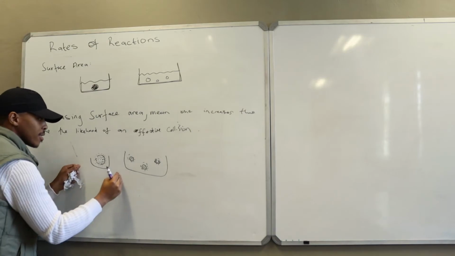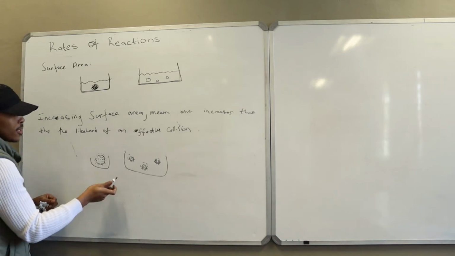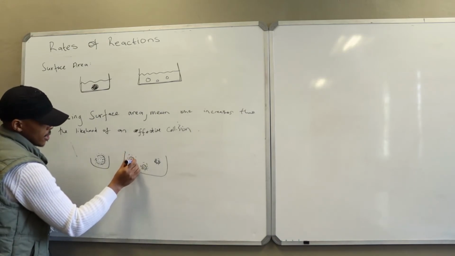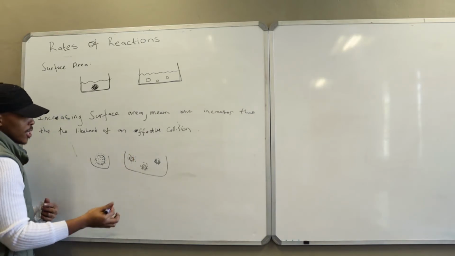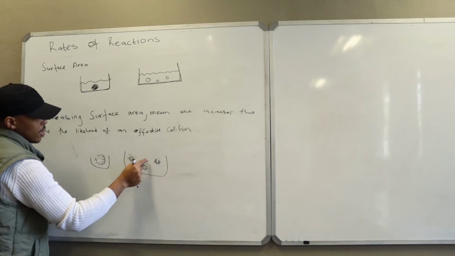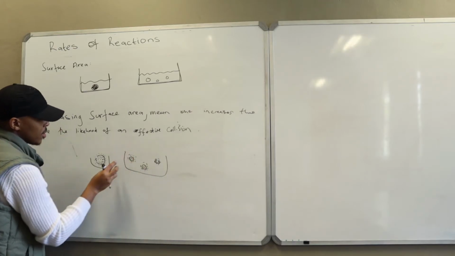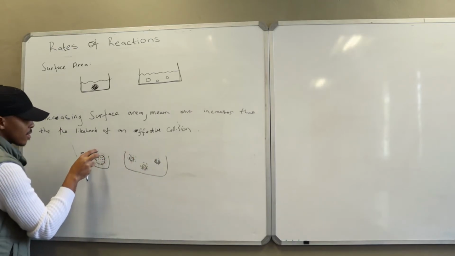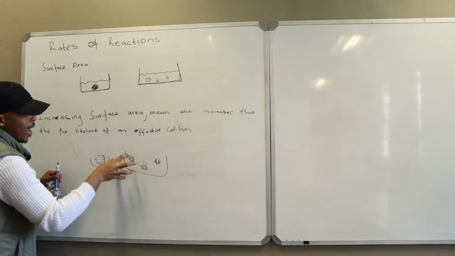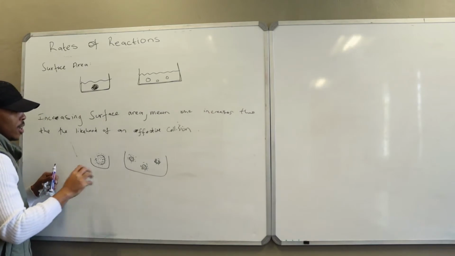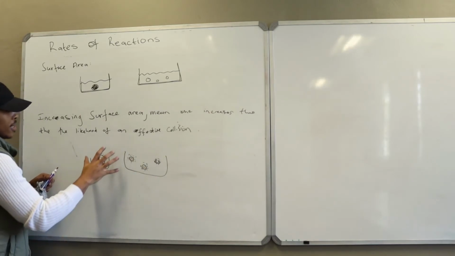So we increase the surface area of a solid, we increase the amount of possible collisions, right? So there are more collisions there. When you combine these collisions and you compare them to the collisions at this one spot, you will see that there are a higher number of collisions on this side than there are on this side.